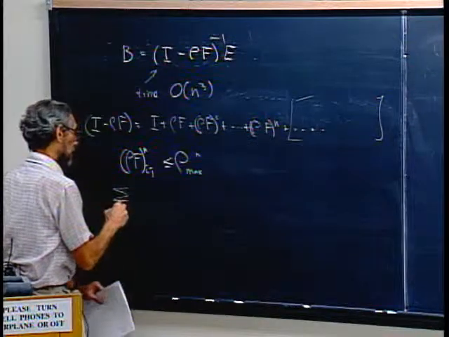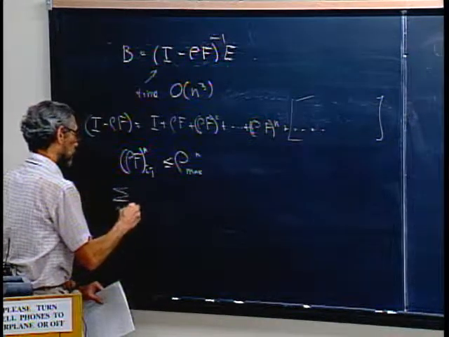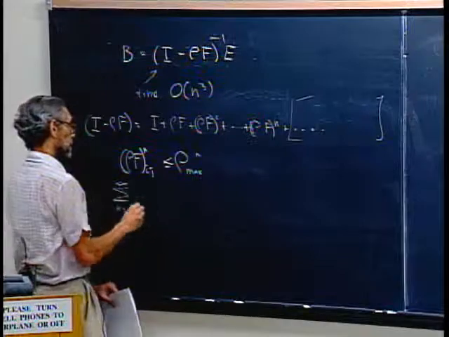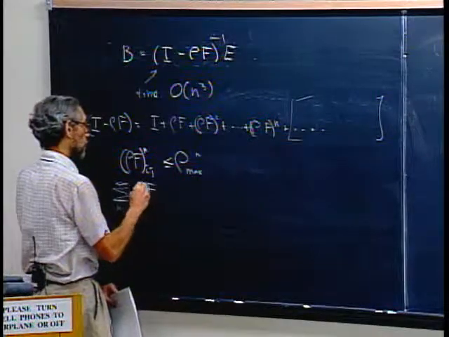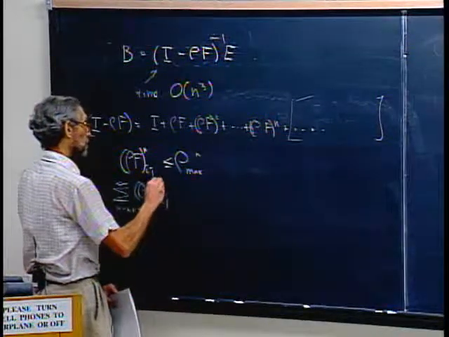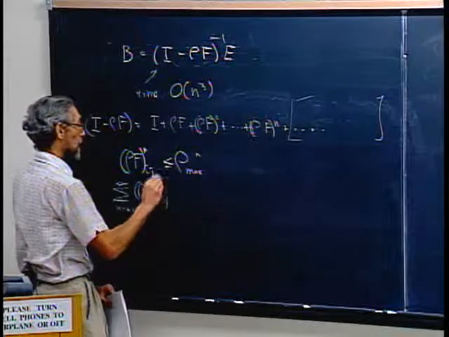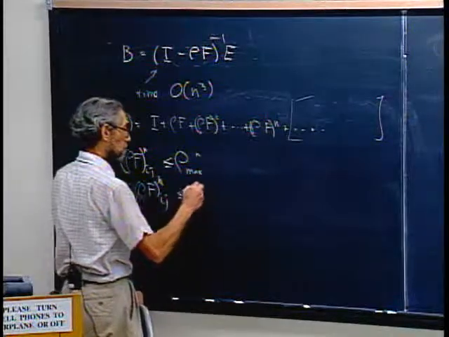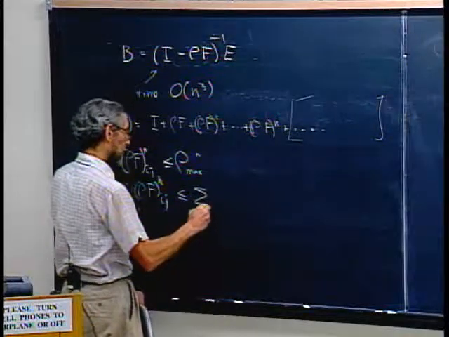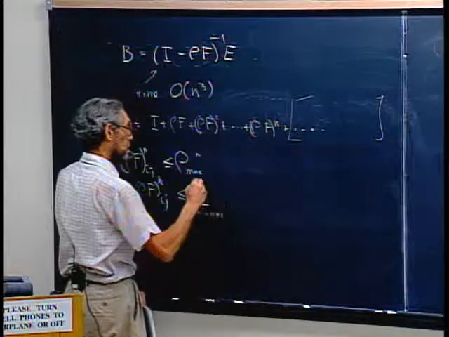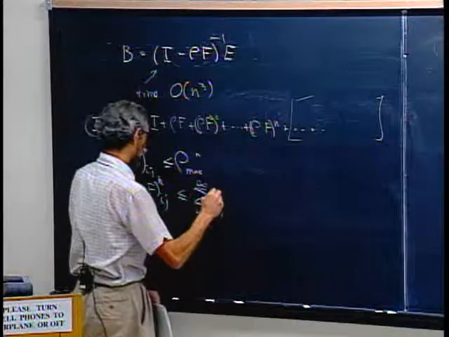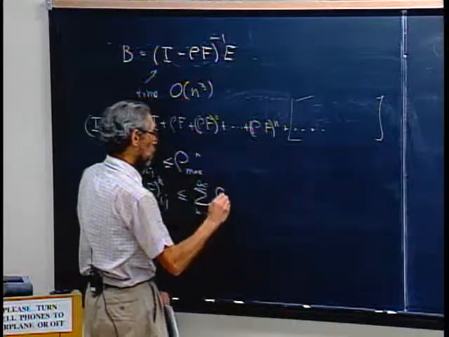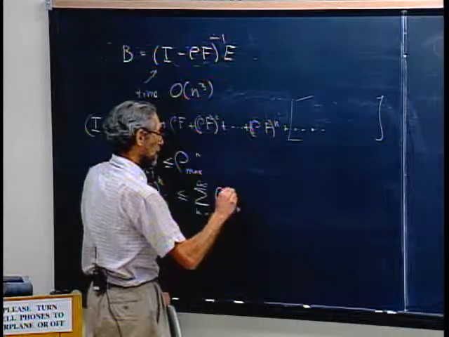Say, the sum from k equals n plus 1 to infinity of rho f ij to the kth power, the ij term, is less than or equal to the sum from k equals n plus 1 to infinity of rho max to the k.